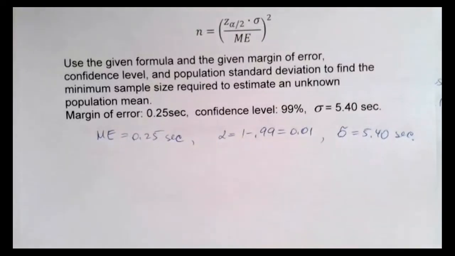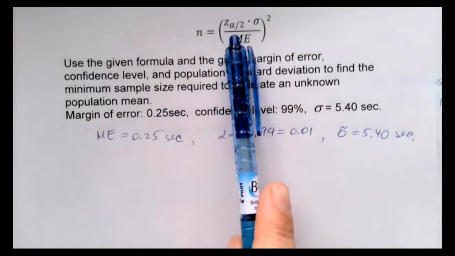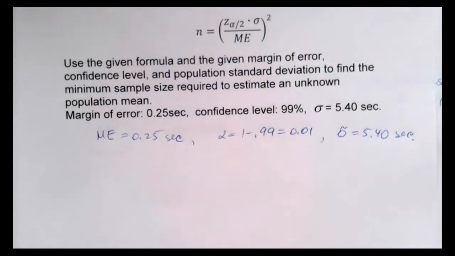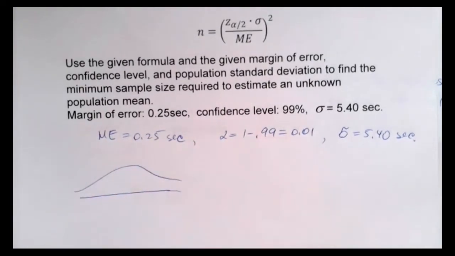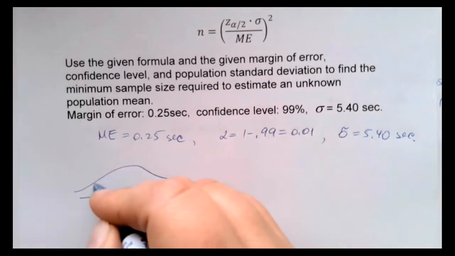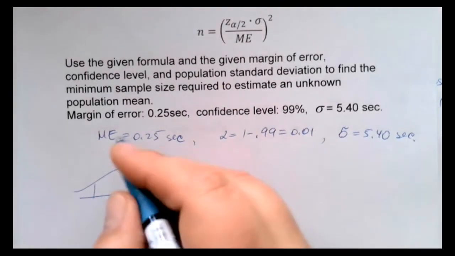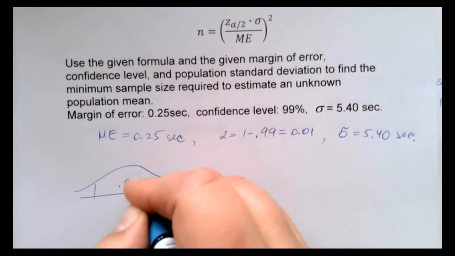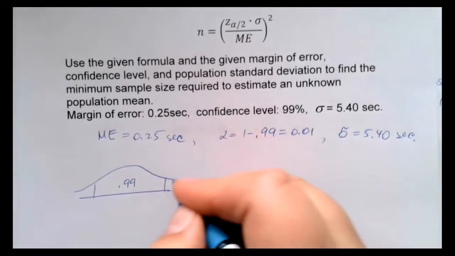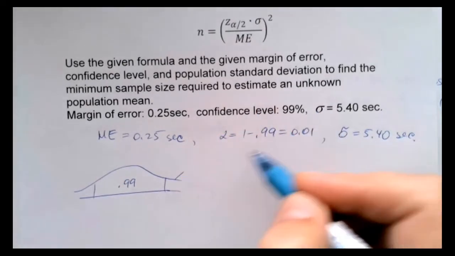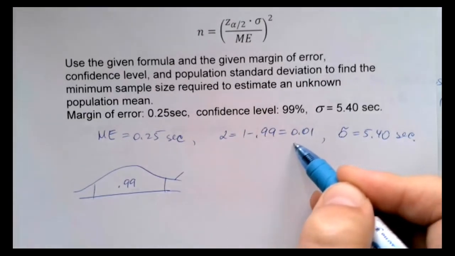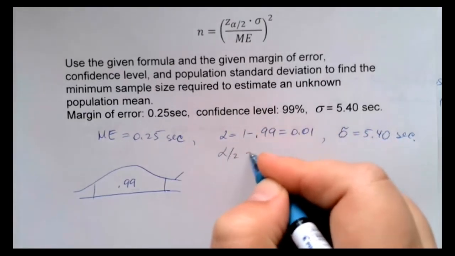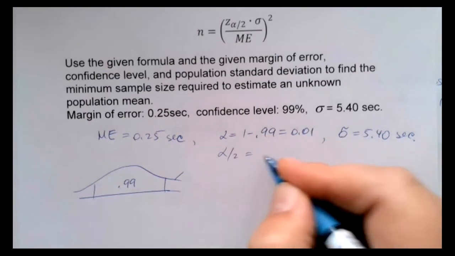But first, we need to find our critical value of Z of alpha over 2. So we have the middle 99%. So alpha over 2 in the right tail, we're going to just have half of this area.